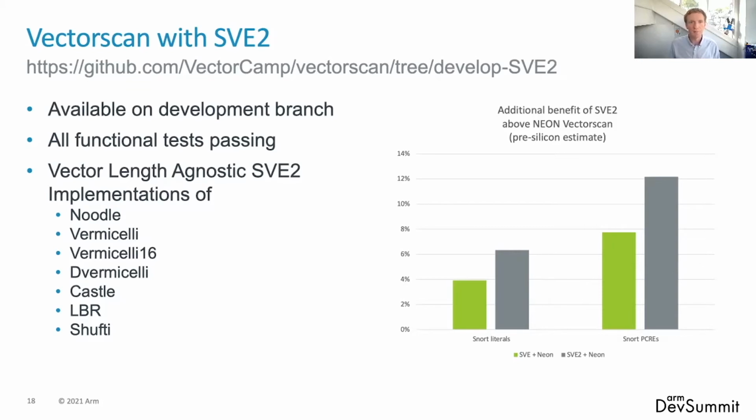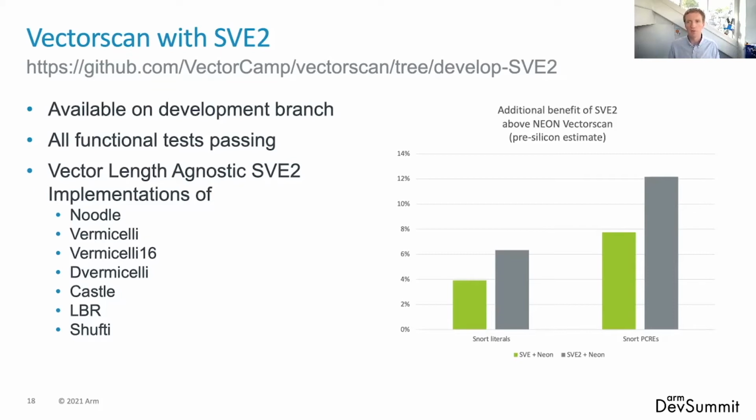The results shown here are pre-silicon estimates of the performance that we expect from the upcoming Neoverse N2 processor, which implements SVE2. It's worth noting that Neoverse N2 has the same total vector capability in both the Neon unit and the 128-bit SVE2 vector units.